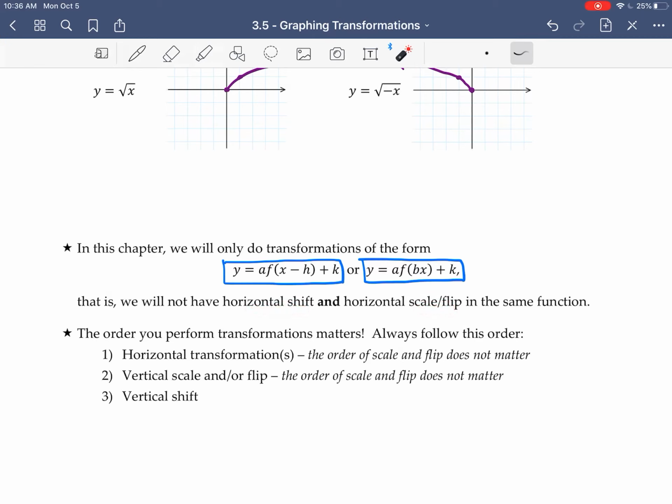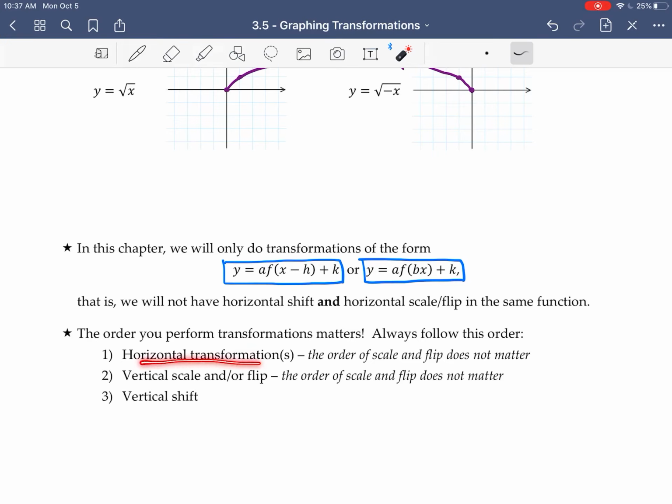Now, the order you do the transformations matters. You don't have to do it in this order per se. These two sometimes can be switched, which I actually did in the previous example. But the vertical shift has to be last. If we did combine these things, then the order would be even more important, but because we're not going to, this order is fine.